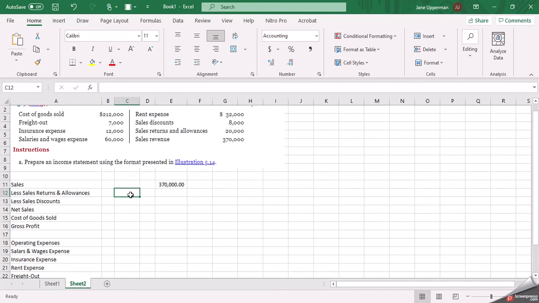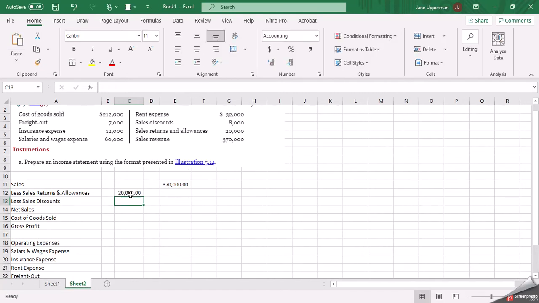So we have less our sales returns. Our sales returns are $20,000. Our sales discounts are $8,000. And then we will subtotal that.